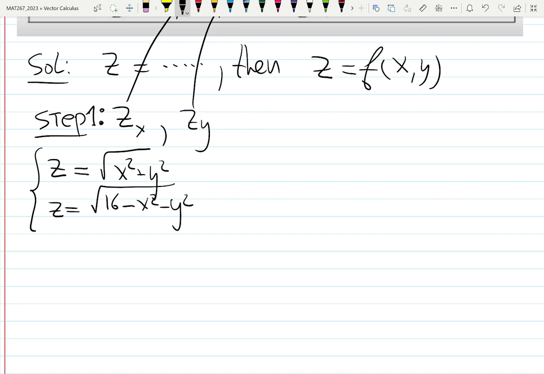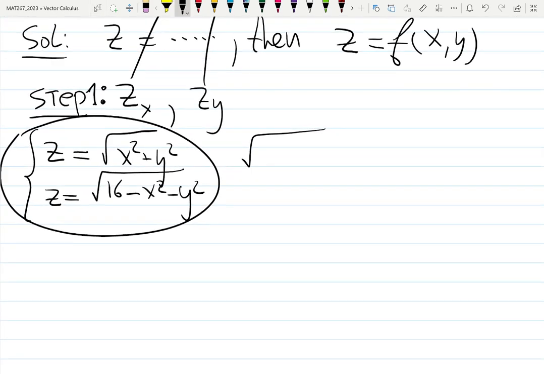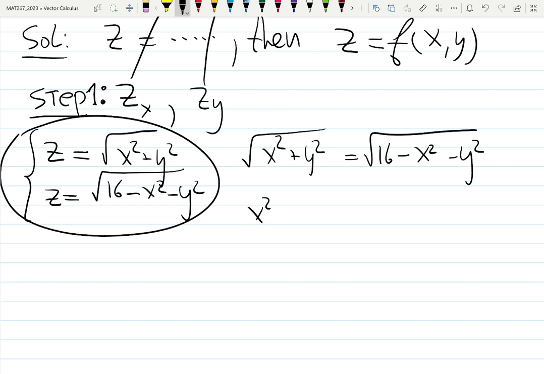Now we know this, so from here we can find where they intersect. Let's do that. The square root of x squared plus y squared equals the square root of 16 minus x squared minus y squared. Or you could just plug z into z, that would be smarter, to be honest, but it's okay. Remembering that it was positive, so we don't need the negative part of the cone, it will be x squared plus y squared equals 16 minus x squared minus y squared.